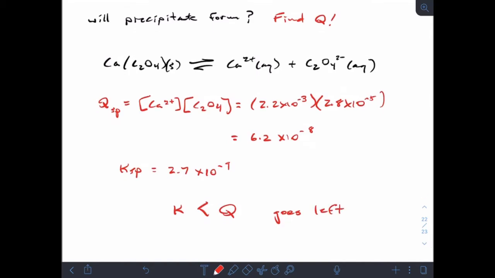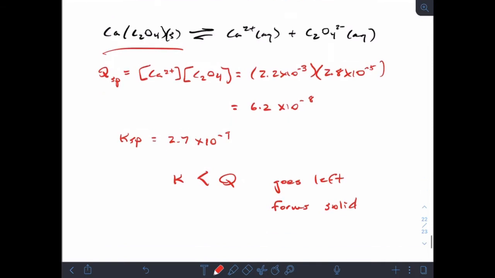If my reaction goes left, I'm forming solid. So the answer is yes, stones will form. If the question is simply yes or no, will precipitate happen, calculate Q, given the concentrations that are present.